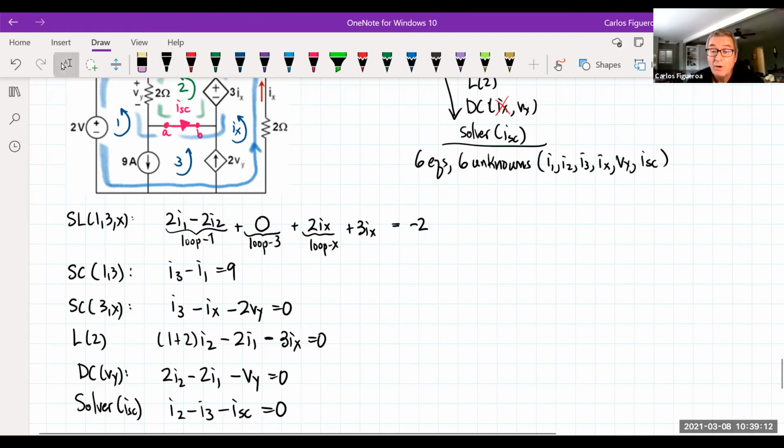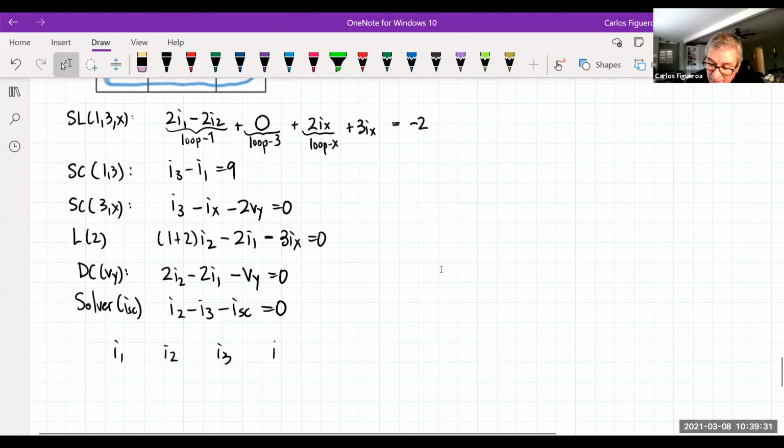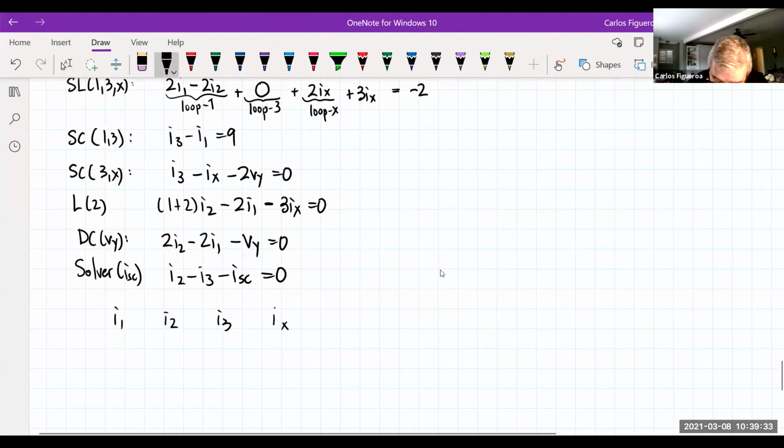So now what I need to do here is go in and matrix this guy up. So let's go set this up here. What am I seeing here? So I have I1, I2, I3. How did I label these guys? It doesn't really matter. IX, I short circuit, Vy, and then I have my constants.